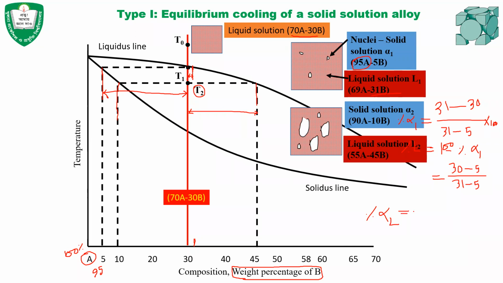If you want to find out percentage of alpha 2, then it will be 45 minus 30 divided by 45 minus 10, multiplied by 100%.